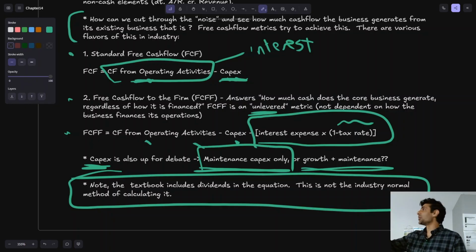But I'm just telling you that in industry, dividends are not subtracted out, because how much you pay in dividends is arbitrary. The management may decide not to pay a dividend at all, right? So that doesn't change how much cash flow the business is generating. So it's nonsensical to include it, but the book does.